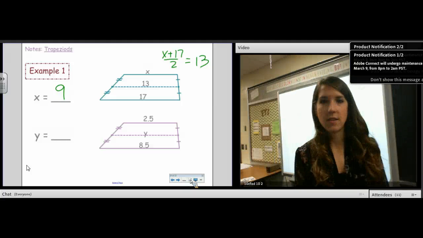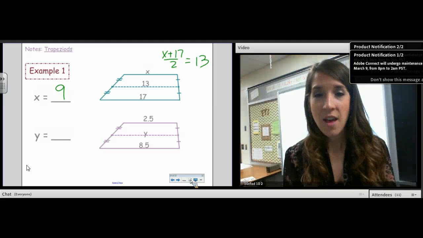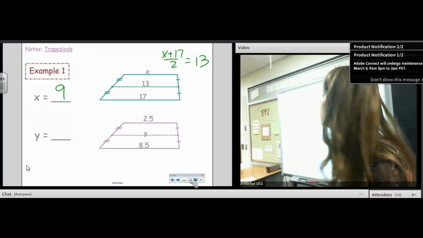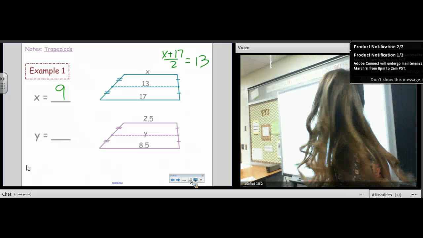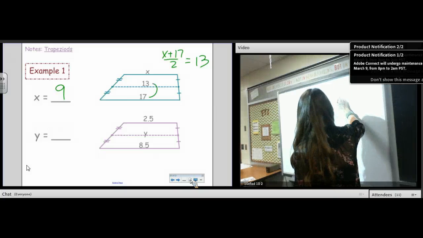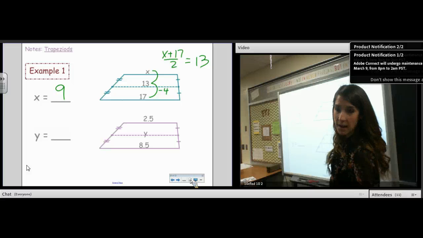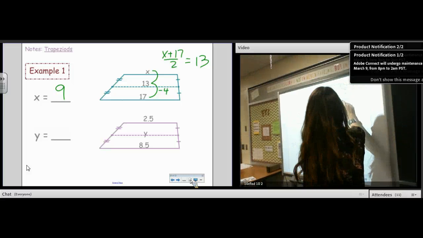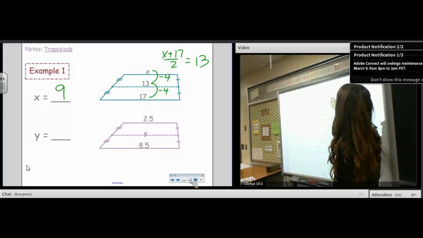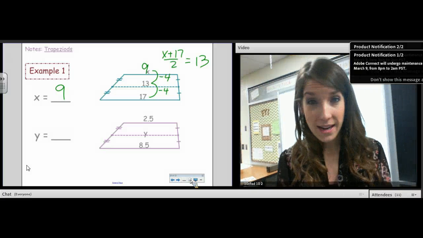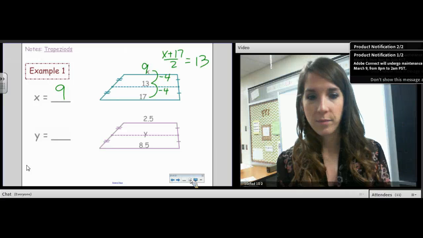Add your bases and divide by 2 and you get your midsegment. That's the long way. You can totally do it that way. Another way, we did this a long time ago in semester 1, is you could play leapfrog. How much do you leap from 17 to 13? You leap minus 4. So you would leap minus 4 again. 13 minus 4 is 9. That's another way to do it if you're looking for a base and you're not looking for the midsegment.